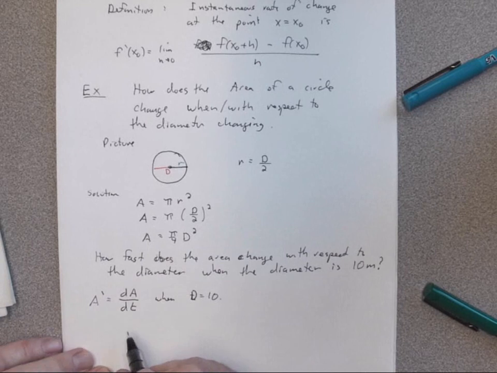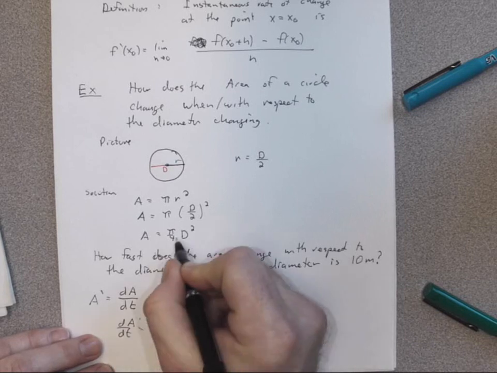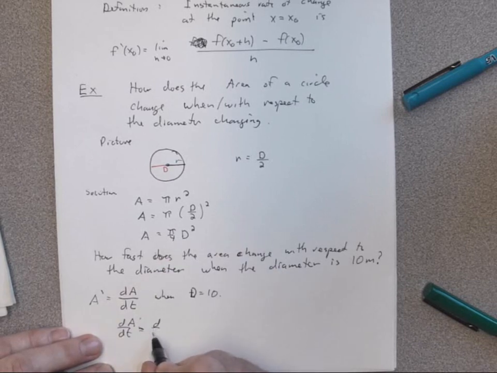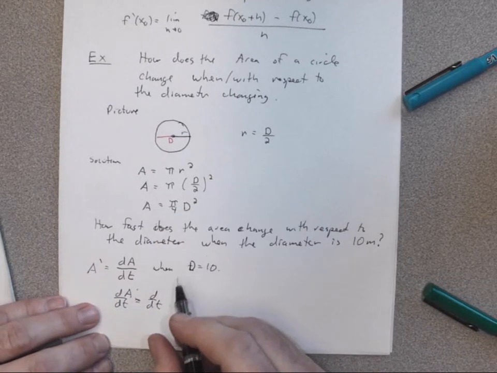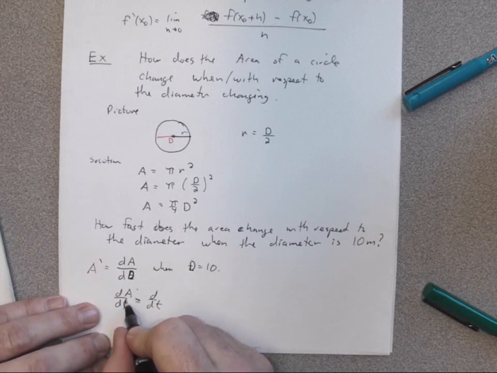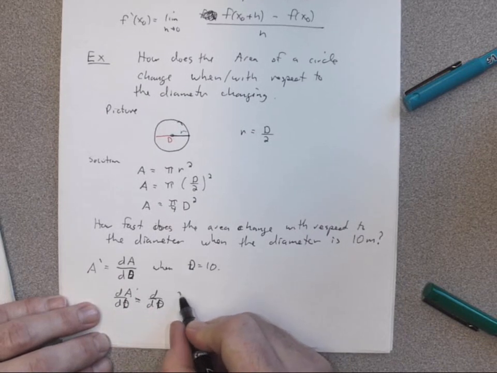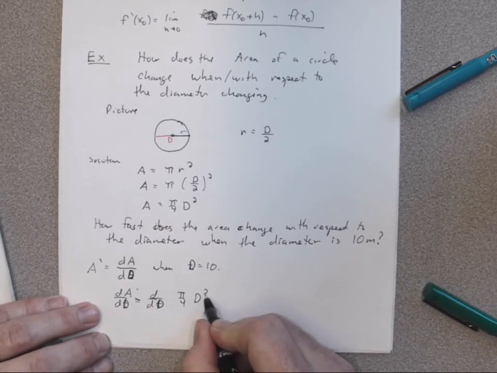So let's take the derivative. Well, the derivative of A with respect to d, dA dd, is going to be the derivative of pi over 4 d squared.